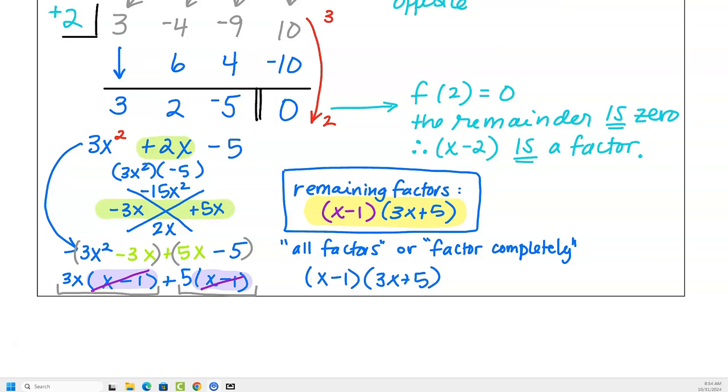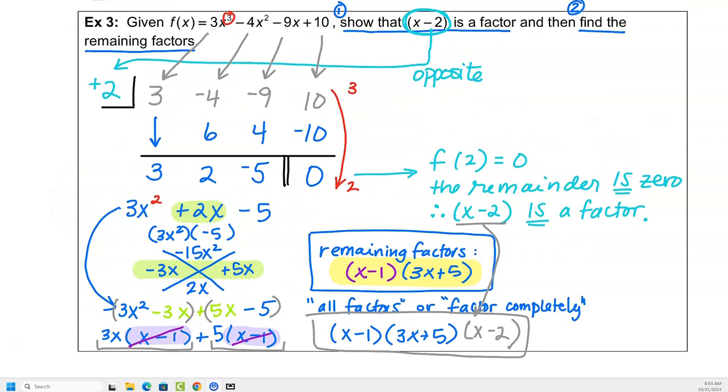But notice too, you would also bring down the x minus 2. So if I multiply all three of those out, don't I get the original polynomial? F of x, 3x to the third minus 4x squared minus 9x plus 10. The answer is yes, that's what we'll get. Are you okay with that?